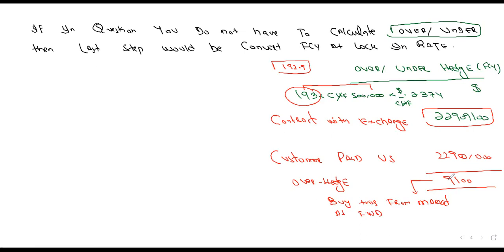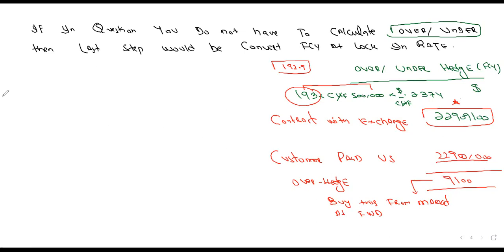Why am I saying you have to buy? Because this was our contract and our responsibility. We have to give the exchange this amount, but the customer is paying me less. Now I am bound to fulfill my responsibility, so I will buy the balance from the market.